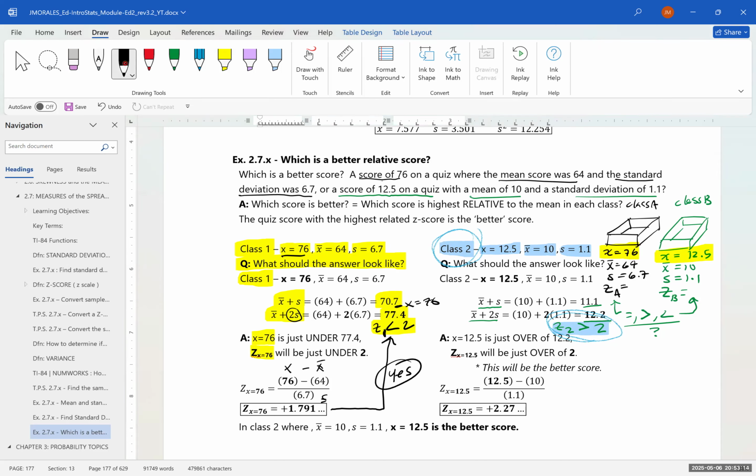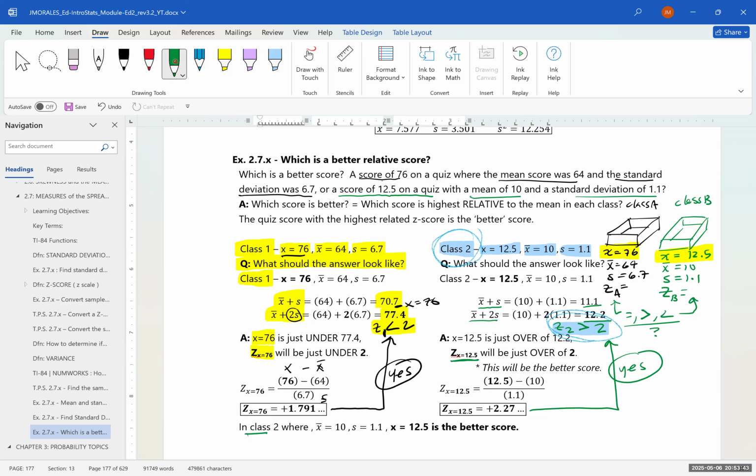Yes, it is. So this answer is what we expected. How about the other one? So we're going to put in 12.5, and again, using the same formula, x minus x bar over s, we can see that we get 2.27. That's a positive 2.27. That is greater than 2. So that's correct.